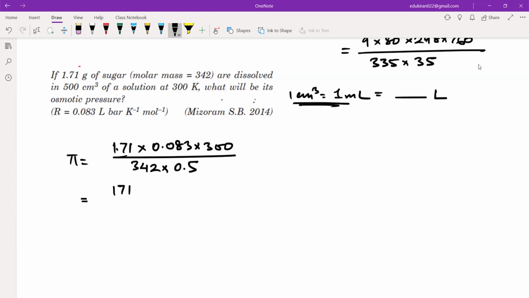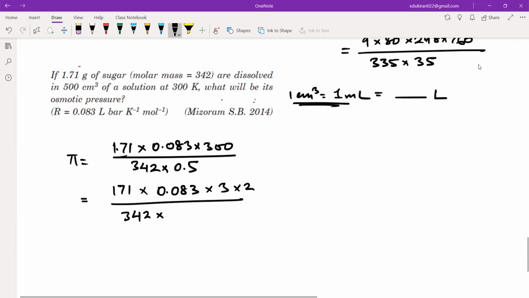So into 171 into 0.083 into 3 divided by 342. Rather than writing 0.5, I will multiply by 2 here. 6 is coming.